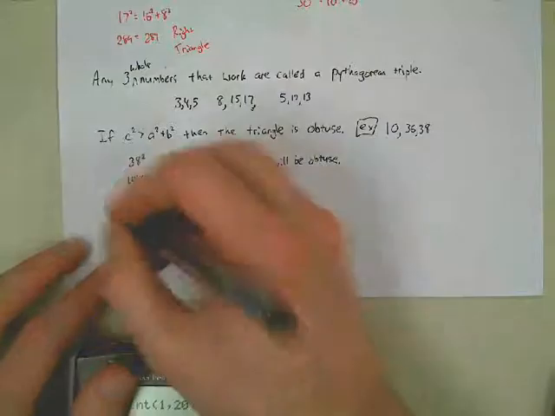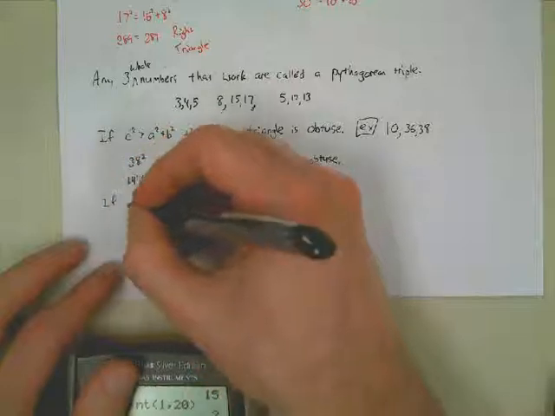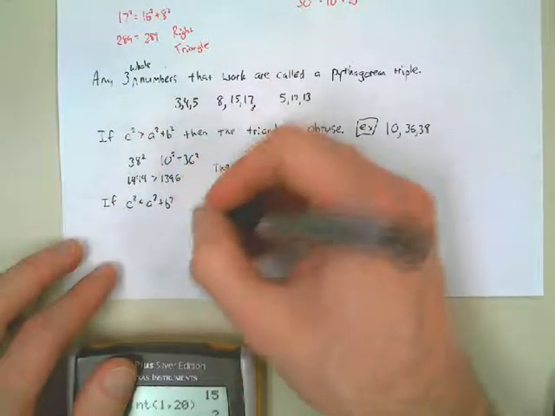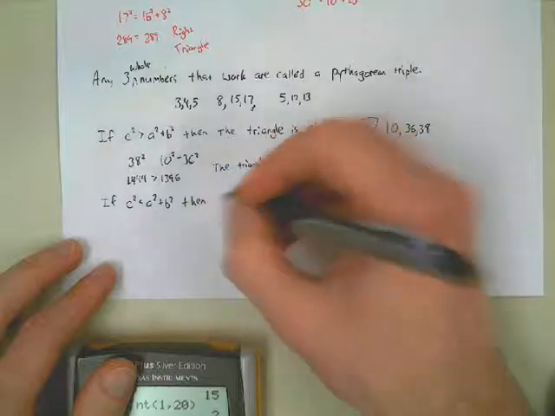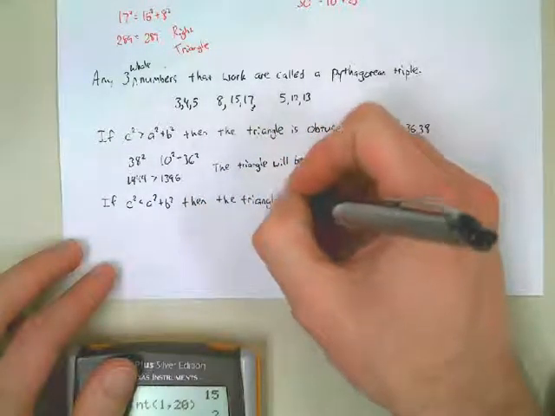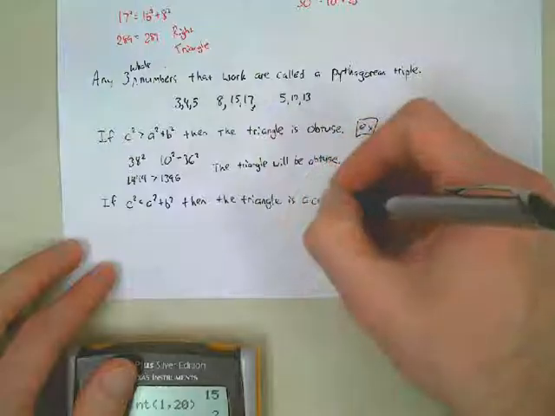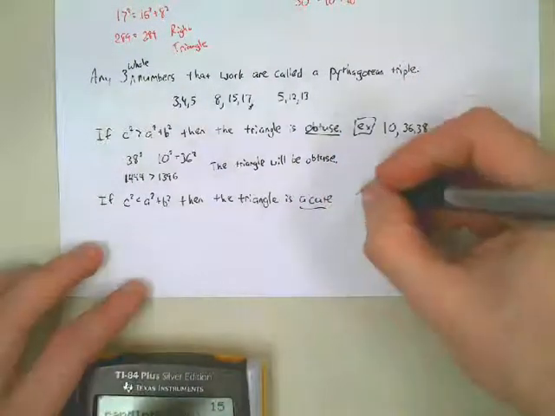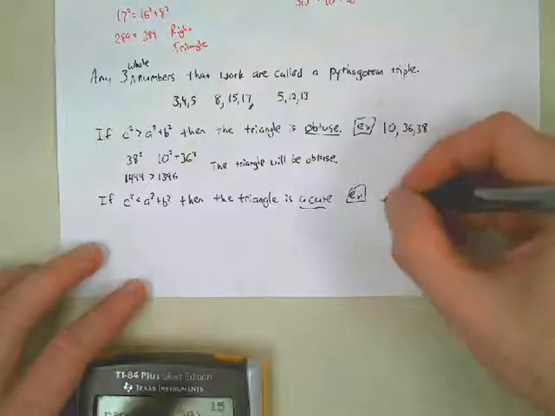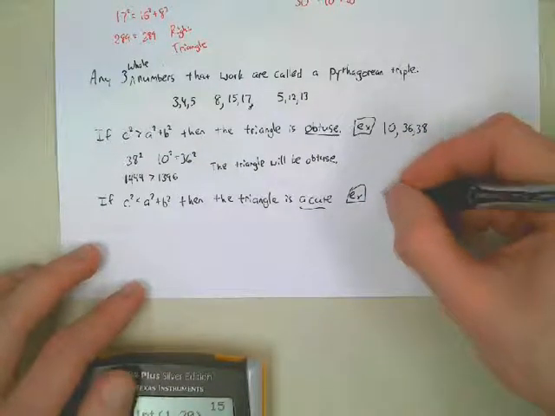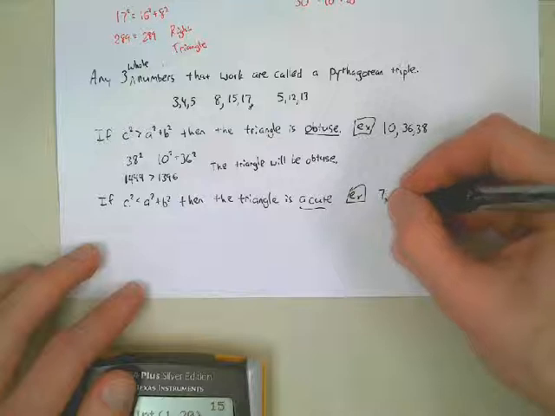And then, like I said before, if c squared is less than a squared plus b squared, then the triangle is acute. An example of that could be, well, let's make it really easy. Let's just make it an equilateral triangle, so sides 7, 7, and 7.